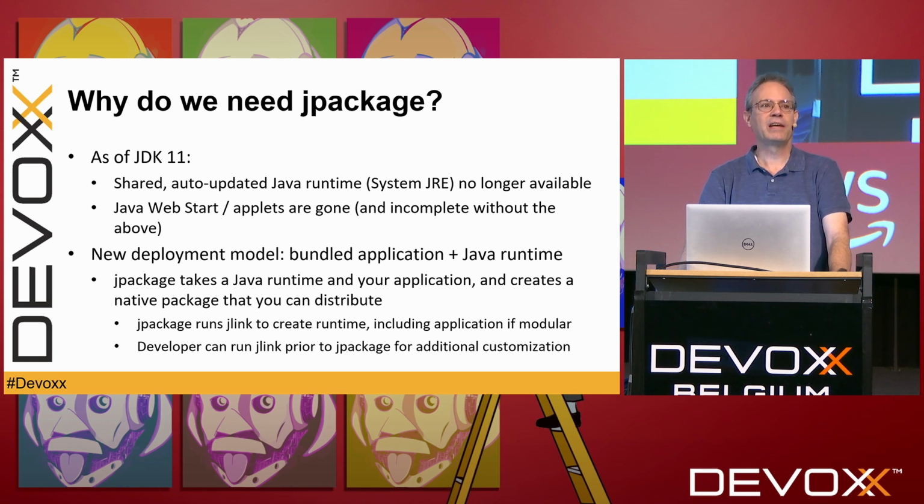However, as of JDK 11, and really before that in the case of applets, the deployment stack is gone. We have no longer a shared auto-updatable Java runtime. So what we do is we give a JDK still, but we're not going to have you install that, register it with the Windows registry, or put it in the Mac in the Internet plugins area, and then automatically update it every quarter.